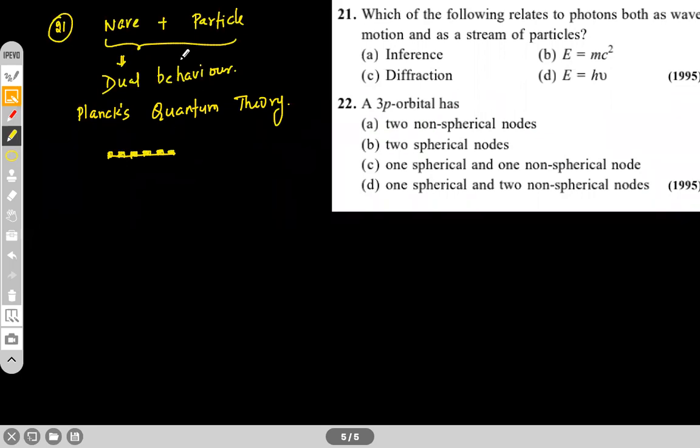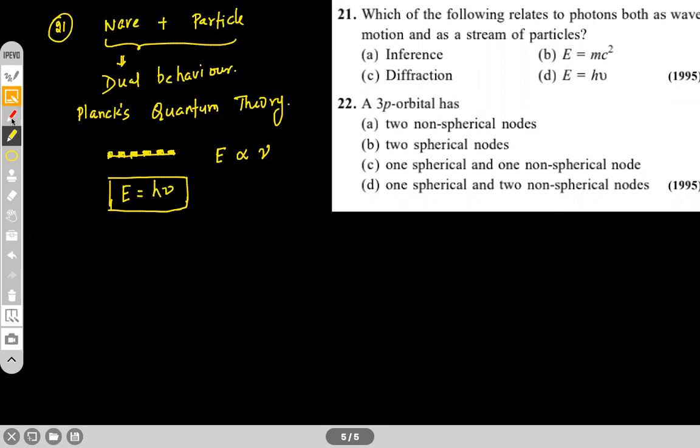So this was observed by Planck, and we call it Planck's quantum theory. He says the energy associated with any wave of frequency nu is directly proportional to the frequency of that wave. E is directly proportional to nu. Removing the proportionality constant, E becomes h nu, the energy associated with one photon present in a radiation of frequency nu.